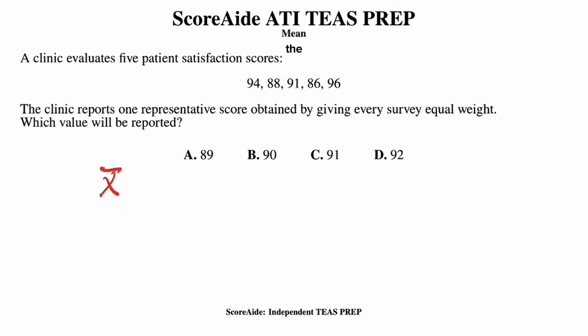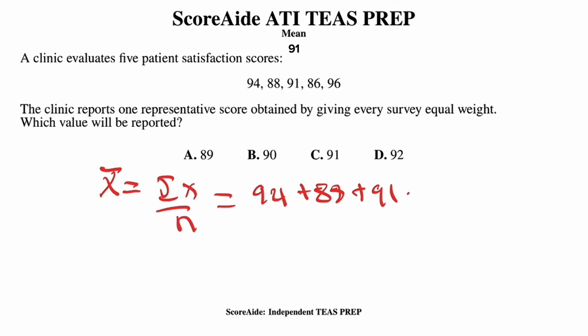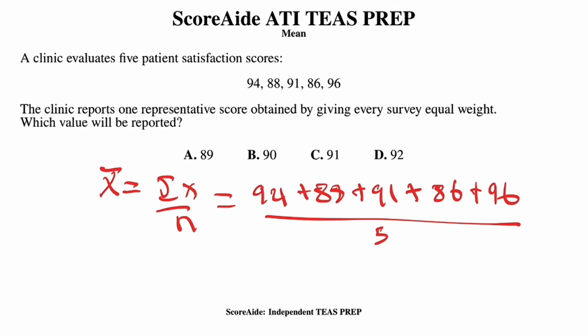So let's look for the mean, which is summation x all over n. So this is going to be 94 plus 88 plus 91 plus 86 plus 96, divided by the total number of data points, 1, 2, 3, 4, 5. So this is going to be 91.